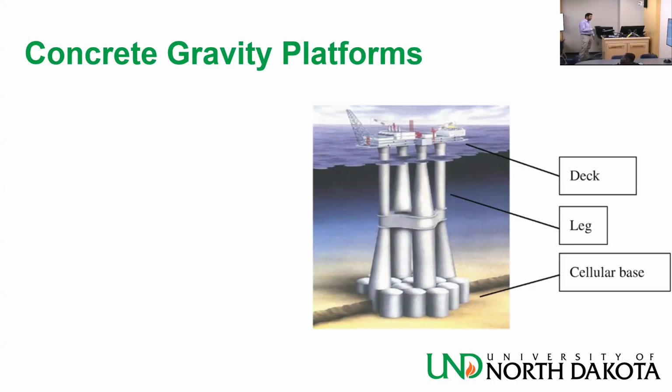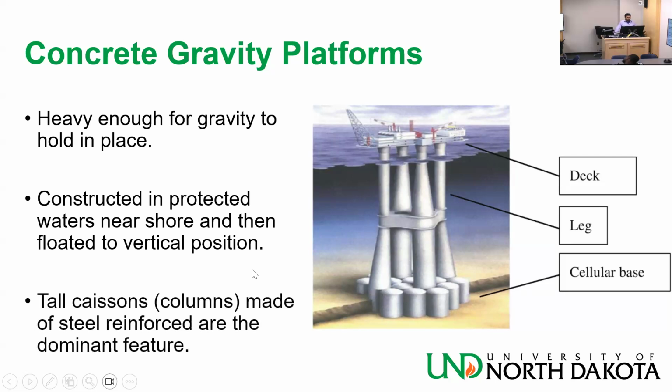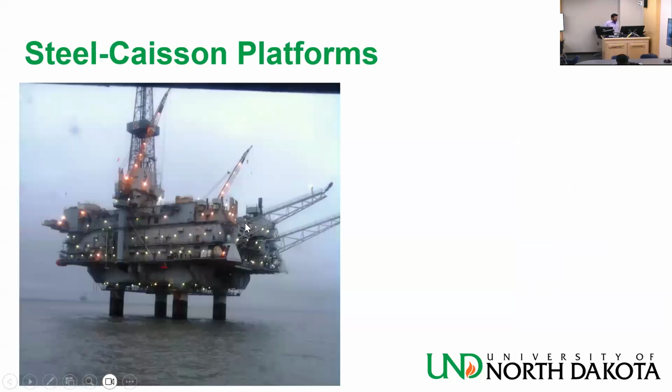It's heavy enough for gravity to hold it in place, constructed in protected waters near shore, and then floated to vertical position. Tall caissons, columns, made of reinforced steel, are the dominant features. That's one type, but this is a small one actually.